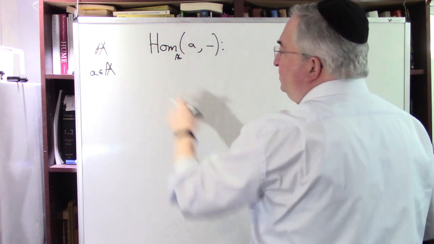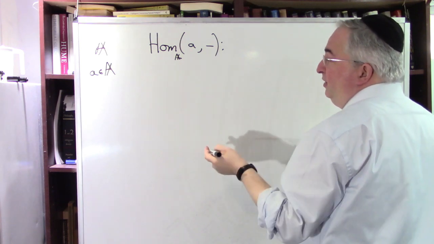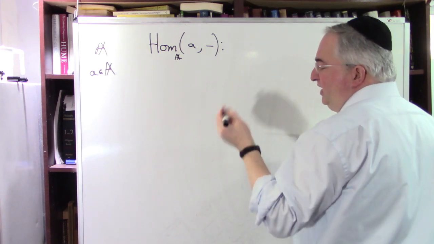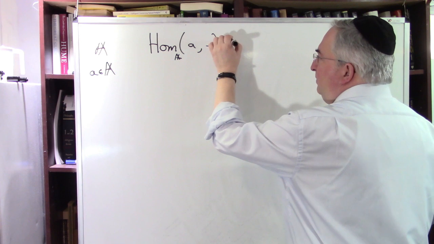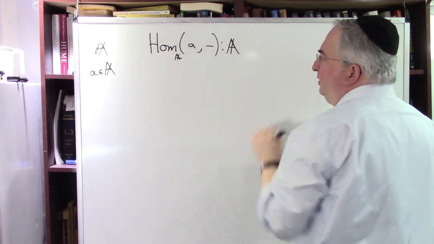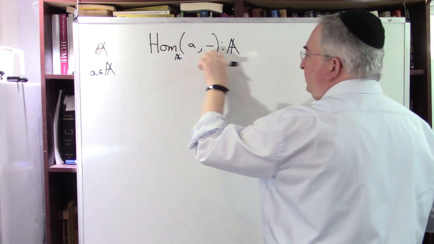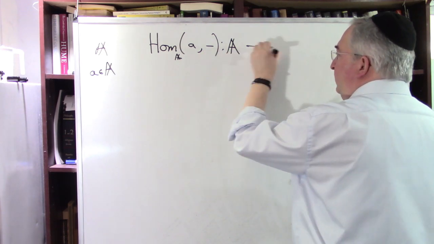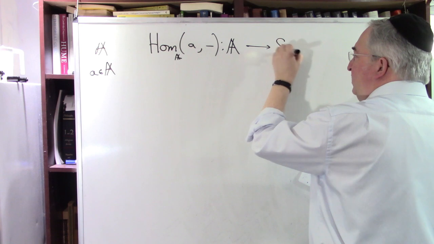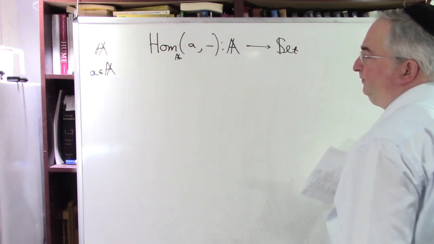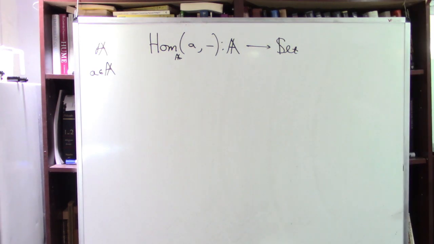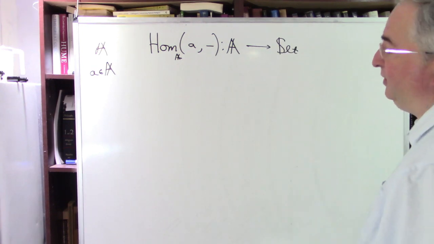So let's say A is locally small, so the Hom sets are actually sets, but I don't even have to do that because I'm not being strict about that. So this guy is going to take a morphism and put it in there, and the output goes to set. If it's locally small, it goes to set. Otherwise, it goes to class.